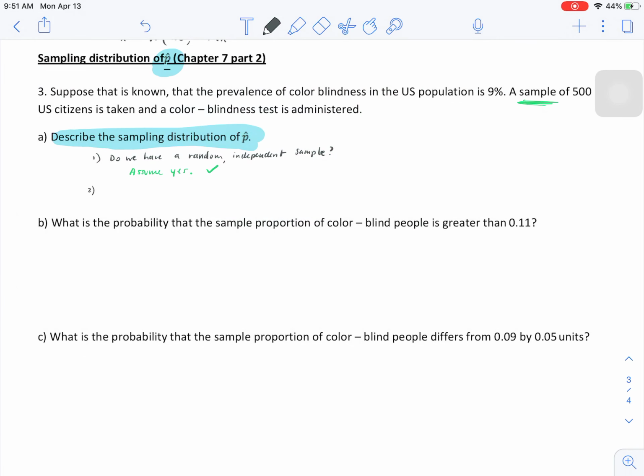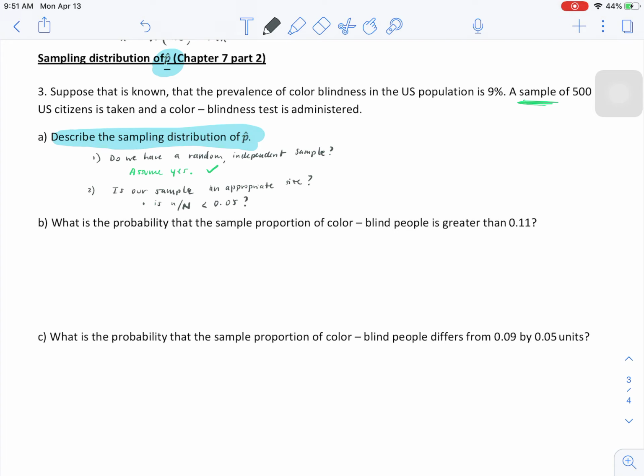The second condition I like to describe as: is our sample an appropriate size? So neither too large nor too small. We have two criteria that we need to check. First, is our sample size no more than 5% of our population?